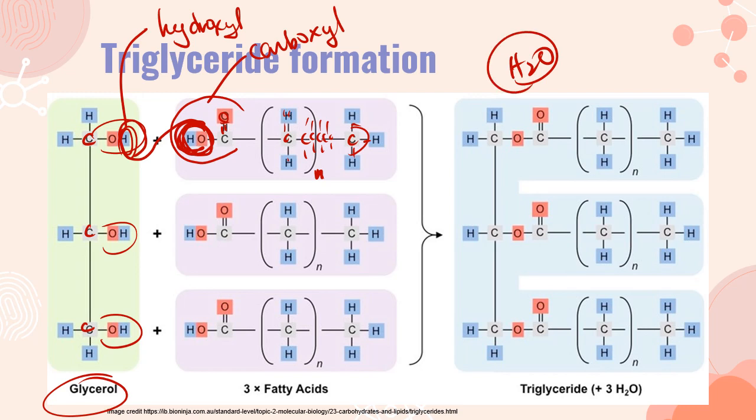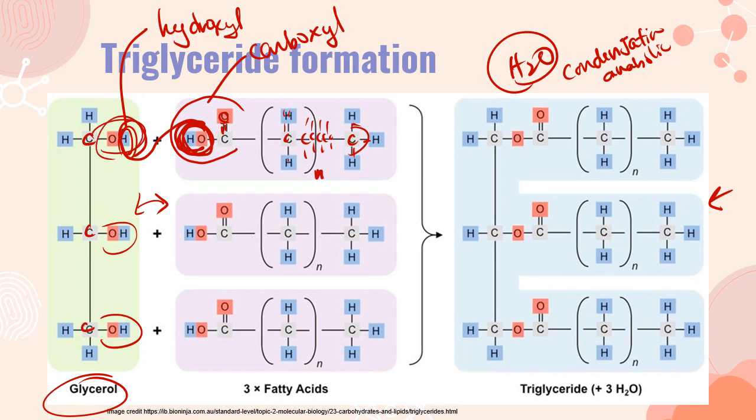So we're going to pull out a water, which makes this a condensation reaction. Condensation reactions are anabolic. I'm definitely taking some, let's say medium sized, not so small, molecules, building them together to make a giant molecule. We're going to do that along every single hydroxyl group of the glycerol molecule.